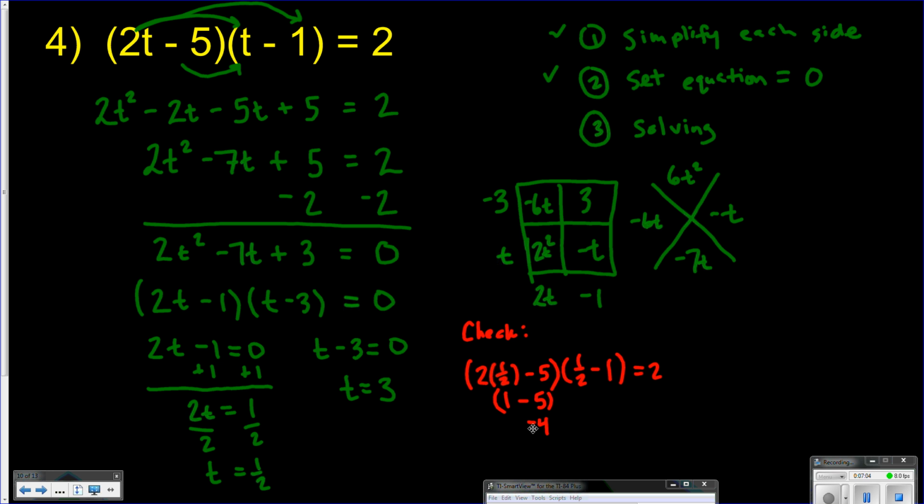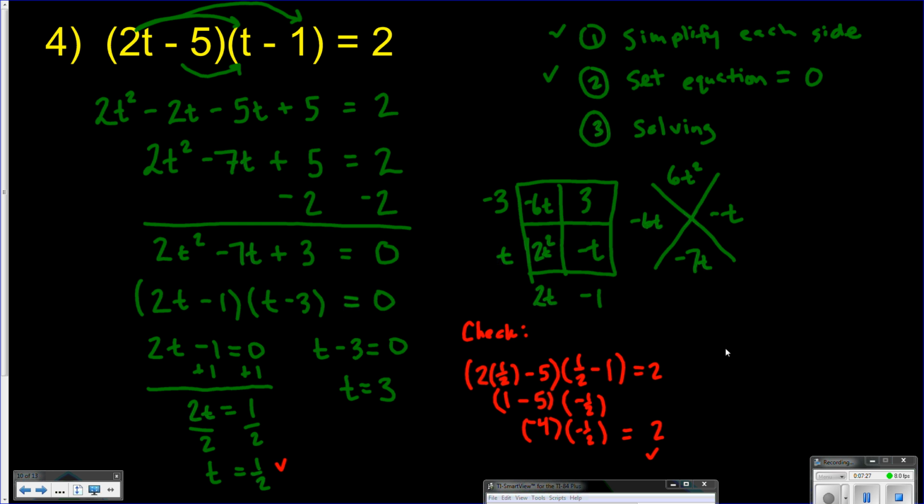So we have negative 4 times 1/2 minus 1, which will give us a negative 1/2. So when we do negative times a negative, that's going to give us a positive. And what is 1/2 of 4? That's going to be 2. So we know that that is correct.